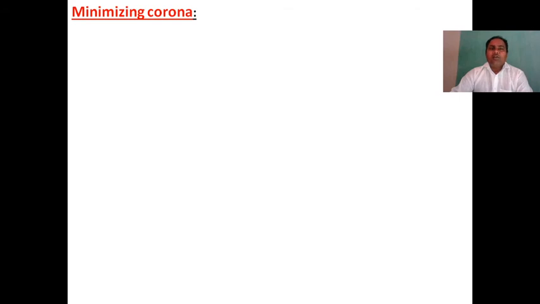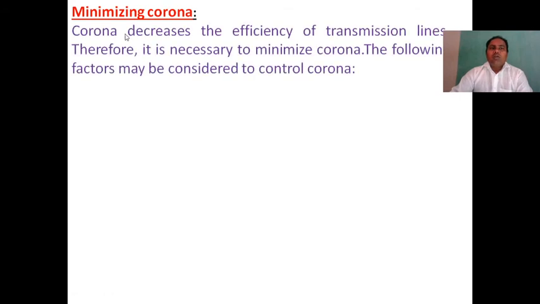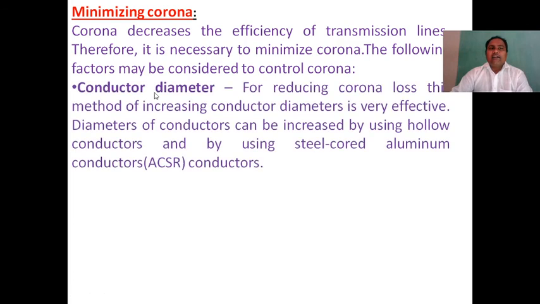Minimizing corona. Corona decreases the efficiency of transmission lines. Therefore, it is necessary to minimize corona. The following factors may be considered to control corona. The first one is conductor diameter. For reducing corona loss, increasing the conductor diameter is very effective.